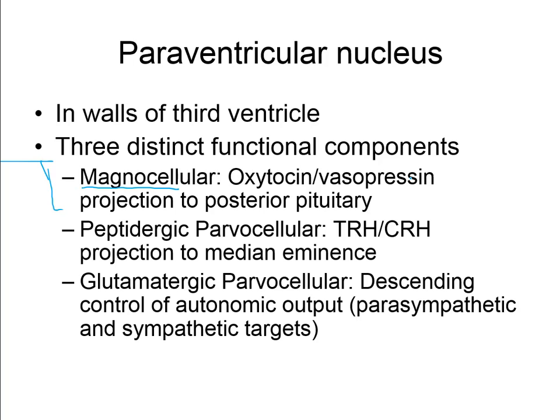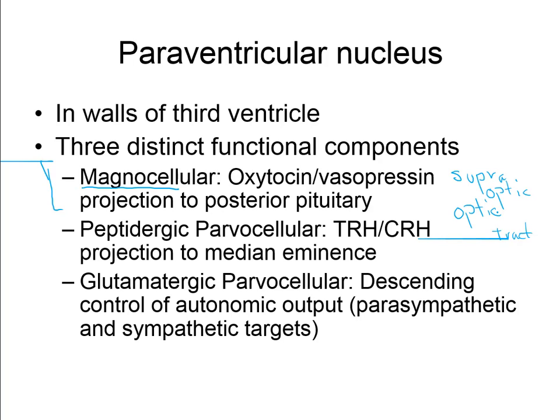There's a second nucleus that secretes these, which is the supraoptic, which sits right above the optic tract. Okay? Not above the chiasm. If you sat above the chiasm, you would be the suprachiasmatic nucleus. So these sit above the optic tract.